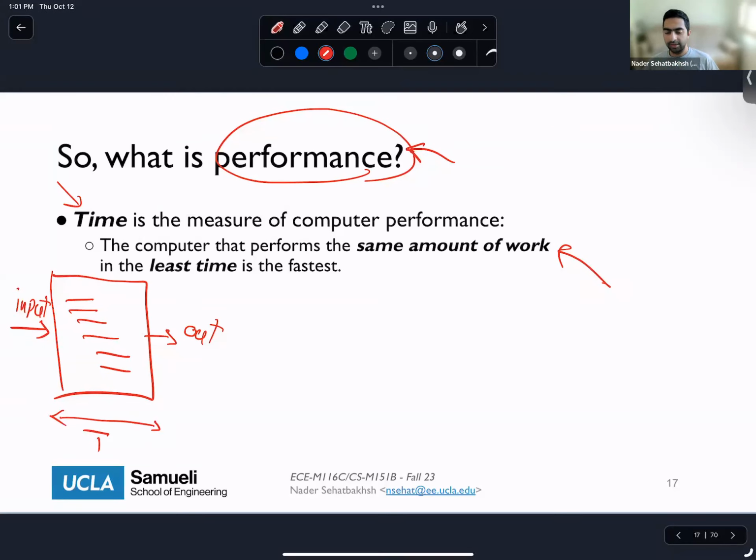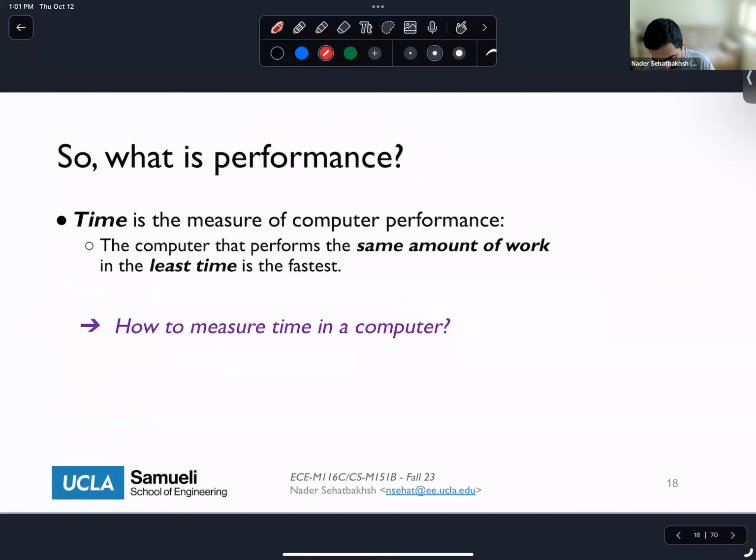Computer A versus computer B: I'm going to say computer A is faster if the time it takes to finish the set of tasks on A is less than the time it takes for the set of tasks on B. Very straightforward. So time is really the measure of how fast a computer is, for the exact same workload. If one computer can finish it faster, we call that a faster computer, okay?